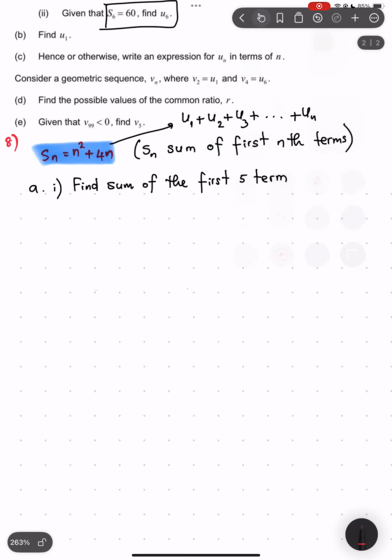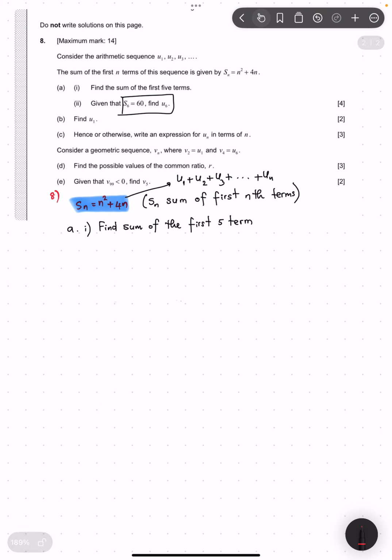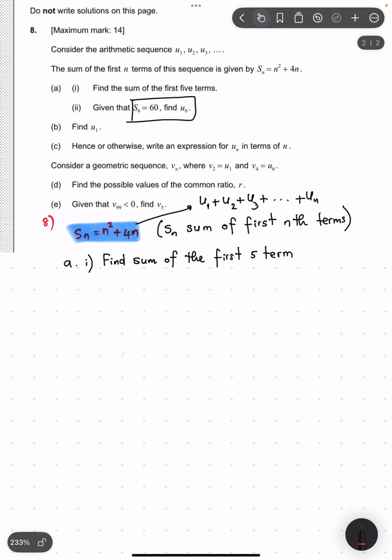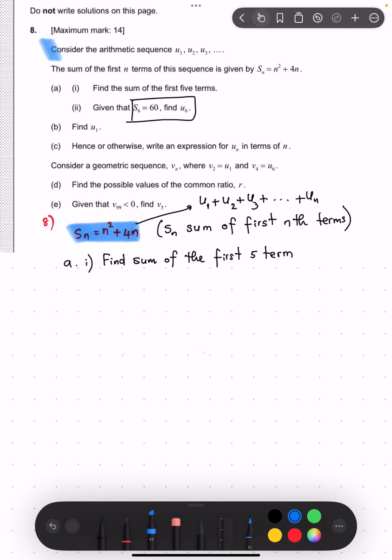Hello everyone. This video will talk about the sequence question from an IB past paper for AASL. For these questions, first they give us an arithmetic sequence, which is U1, U2, and U3, and so on.